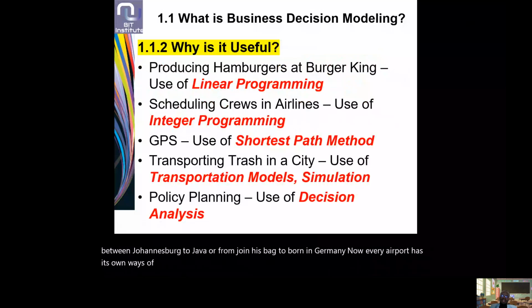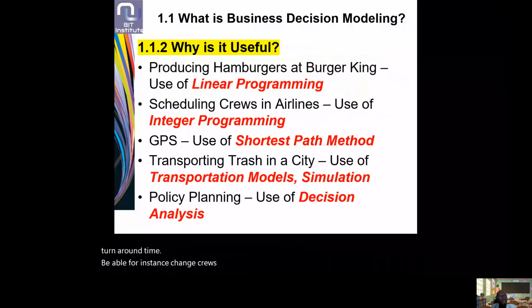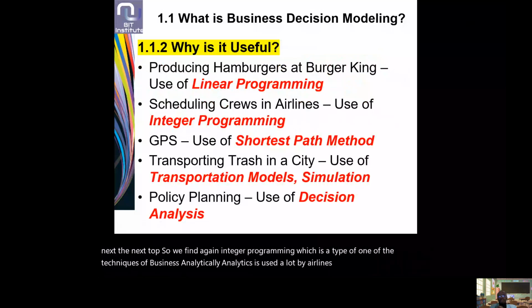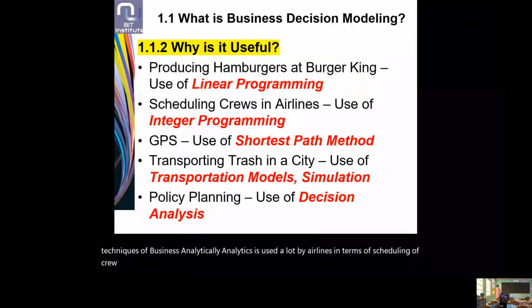And for every airline that lands in an airport, they need to have some turnaround time to be able to, for instance, change crews, change passengers in a particular airport and proceed to the next stop. So we find, again, integer programming, which is one of the techniques of business analytics, is used a lot by airlines in terms of scheduling of crew members that are operating for the airline.